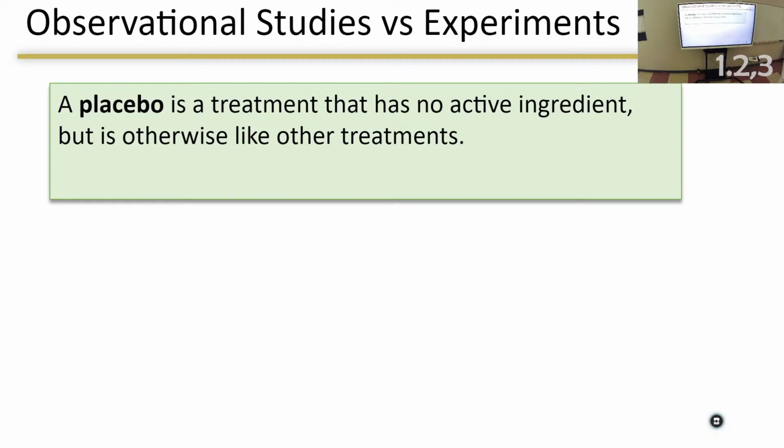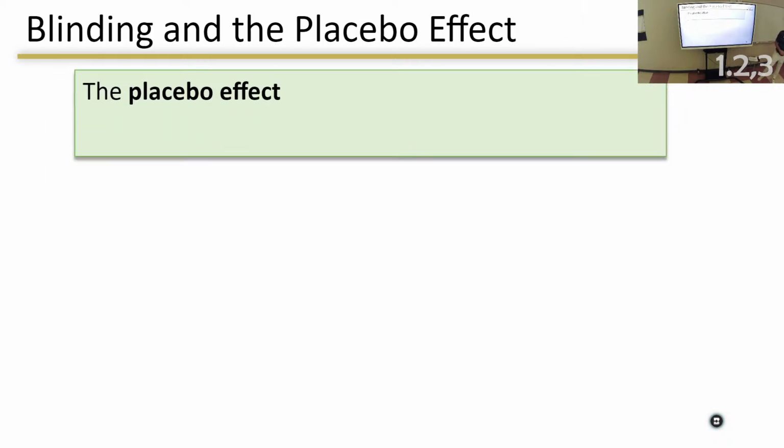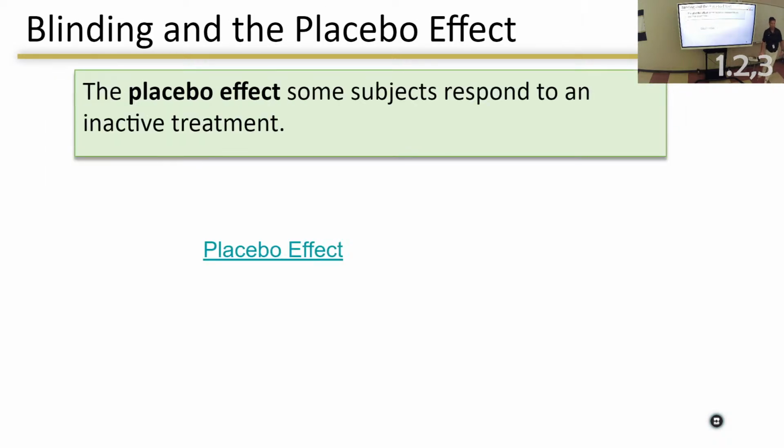And the reason why we have to do that is because of the placebo effect. And the placebo effect is because you're taking it, you feel like you should be doing better. Right? My old grandma, way back in the day, 86-year-old, was not feeling all that great, and she decided she needed some medicine.